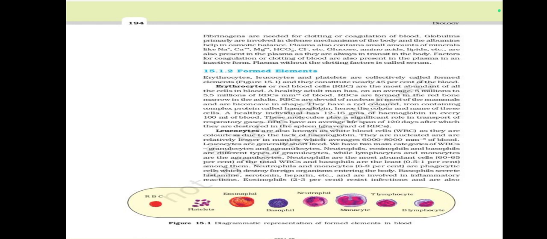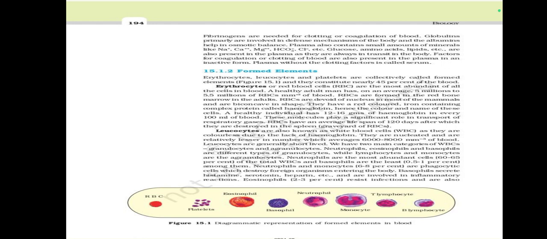A healthy individual has 12 to 16 grams of hemoglobin in every 100 milliliter of blood. These molecules play a significant role in transport of respiratory gases. RBCs have an average lifespan of 120 days, after which they are destroyed in the spleen.